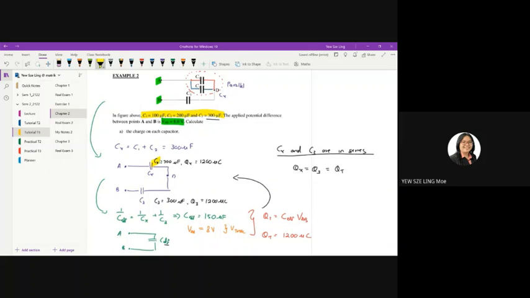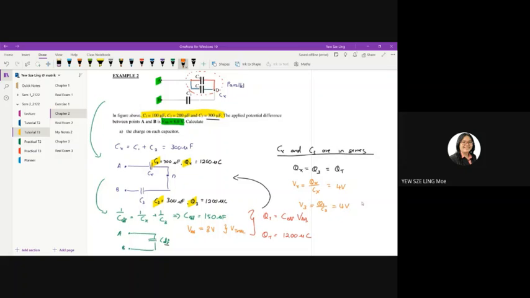So now you have C, you have Q, you have C, you have Q. You can then proceed to determining the V. So Vx equals Qx over Cx, which is equal to 4 volt. And then V3 equals Q3 over C3, which is also equal to 4 volt.